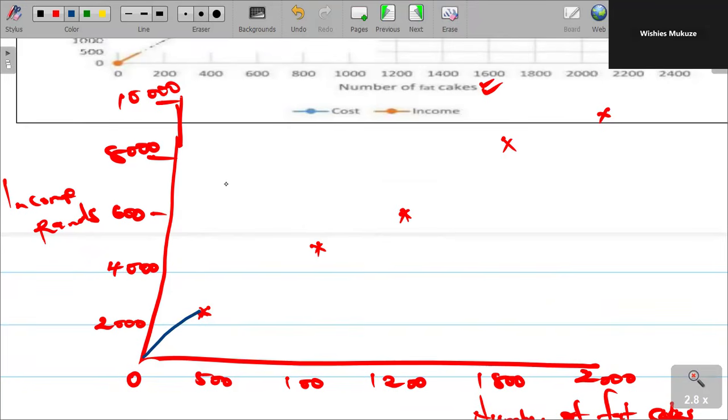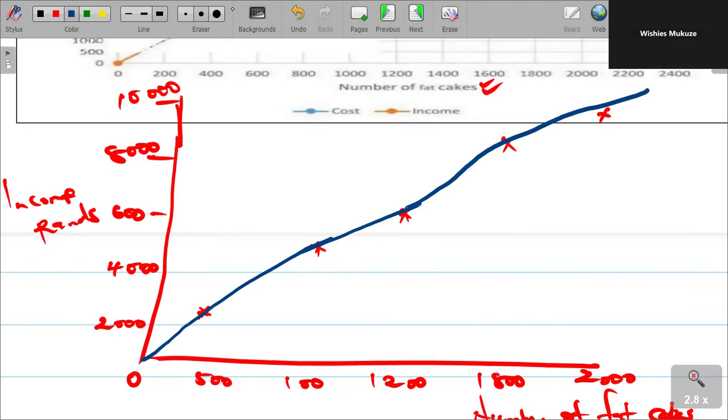There must be a proper line that joins the points nicely. Remember, I'm drawing without a ruler, so you need to draw these figures properly with a ruler, class. You must draw these points properly, and they must be well labeled. We have 10,000 here.